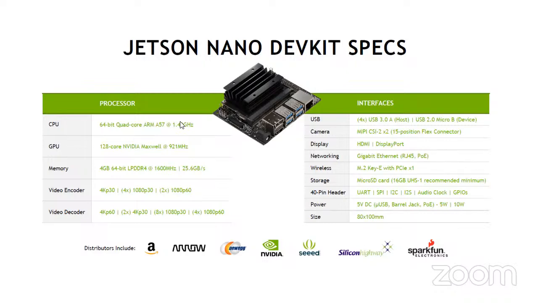It is not based on x86 architecture; it is based on ARM architecture. It has an ARM-based SoC from NVIDIA, a quad-core 64-bit CPU that can work at 1.43 gigahertz.